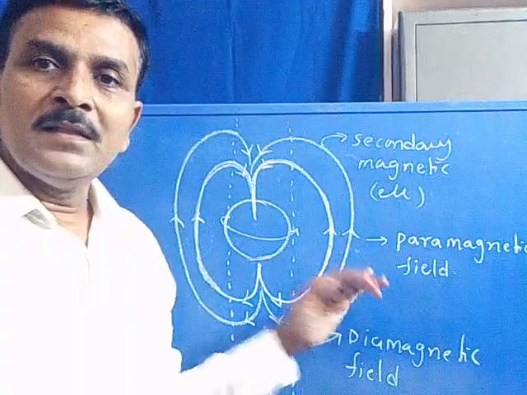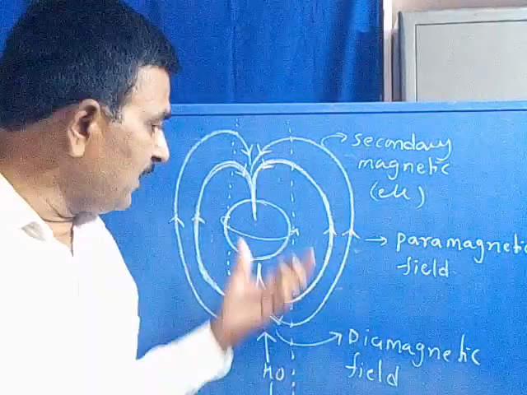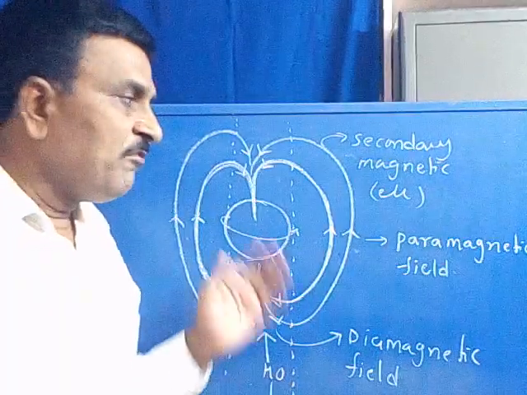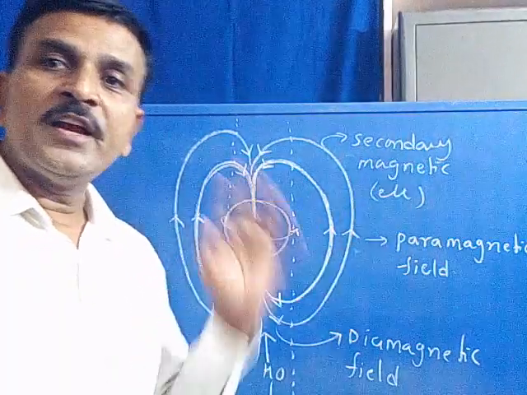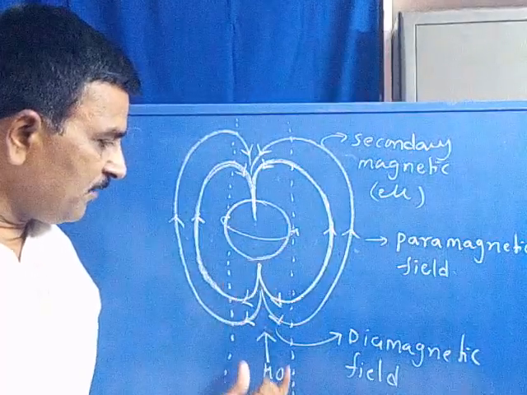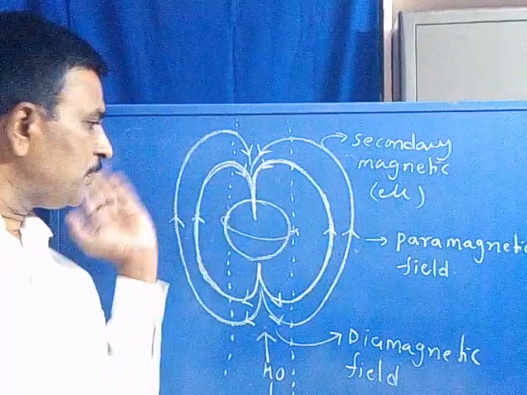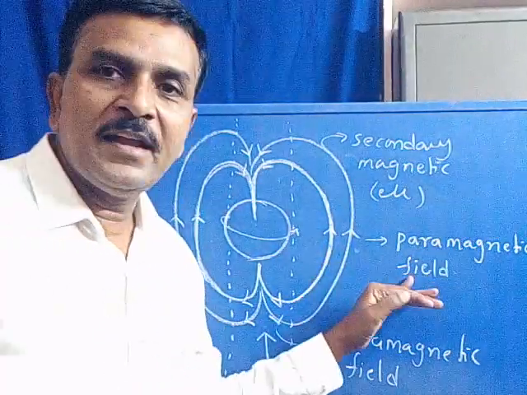Further, the secondary magnetic field is diamagnetic exactly at the center of the nucleus, whereas it is paramagnetic outside the nucleus. Is it clear? Now this is the center of the nucleus where we can observe a diamagnetic field. Outside the spinning nucleus you can observe a paramagnetic field.